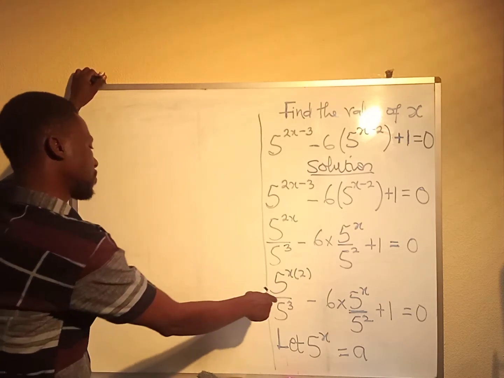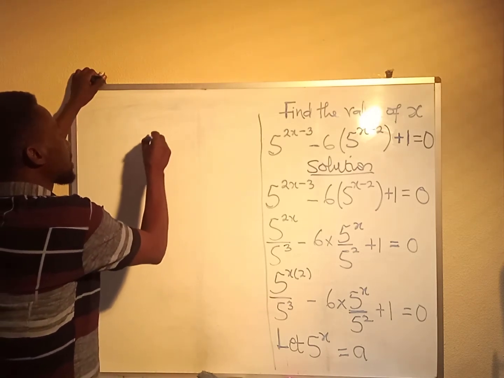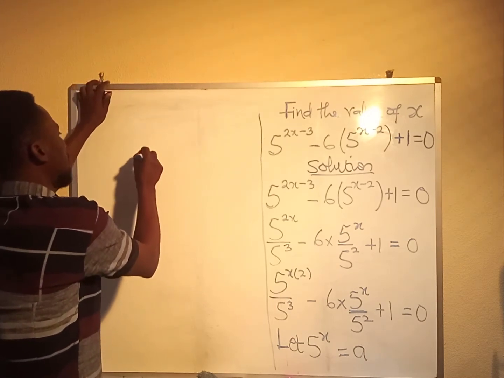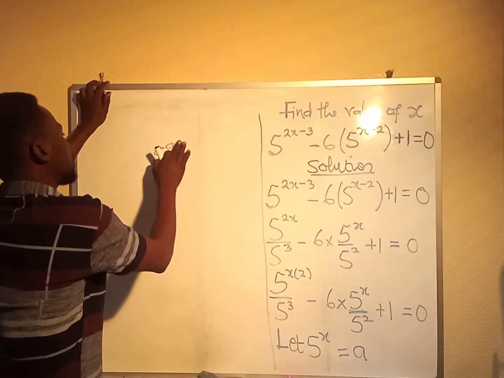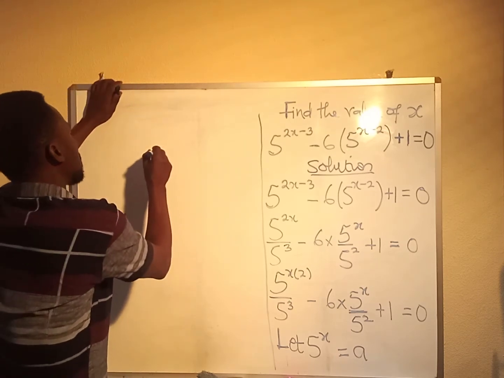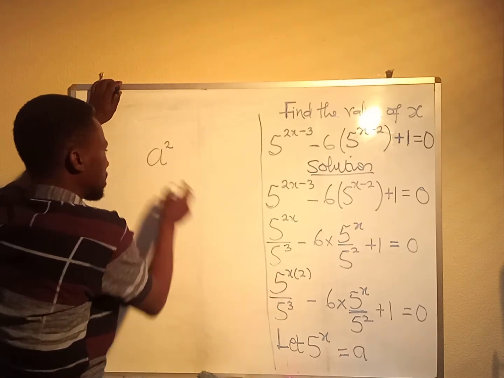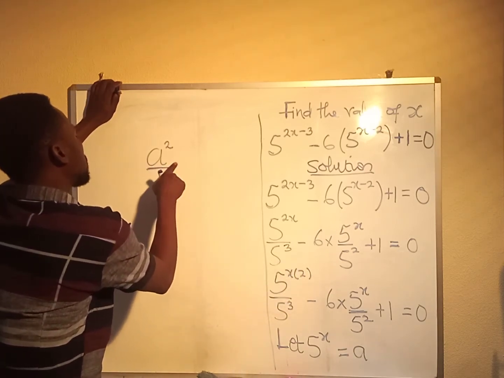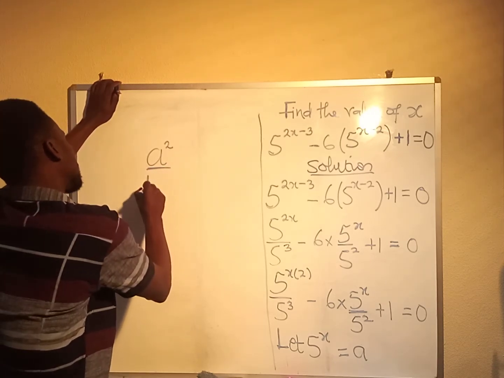So we can rewrite this equation: we said let 5 raised to the power x be a, so we shall have a raised to the power 2, that is a squared, because this whole thing is a. Now this is over 5 raised to the power 3, which is 125, that is 5 times 5 times 5.